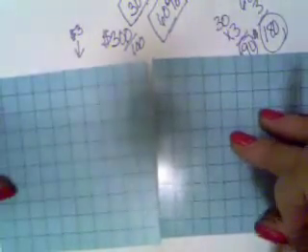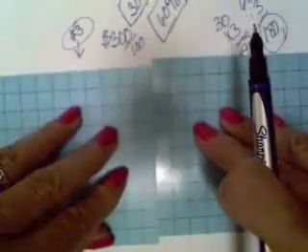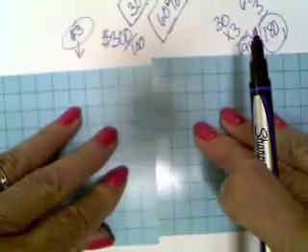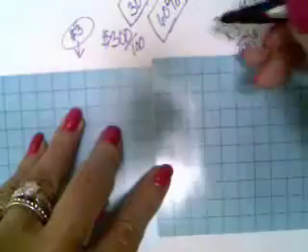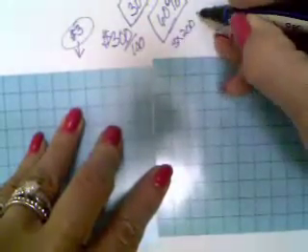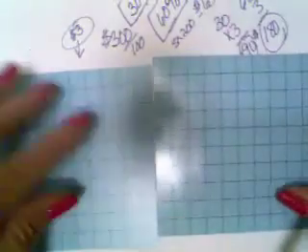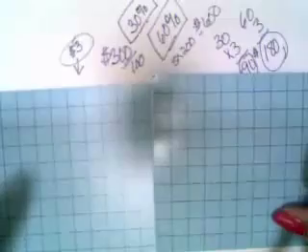And so if each square has a value of 3, and you have 200 squares, then 3 times 200 means that you're going to earn $600.